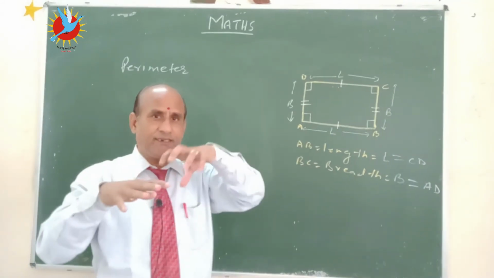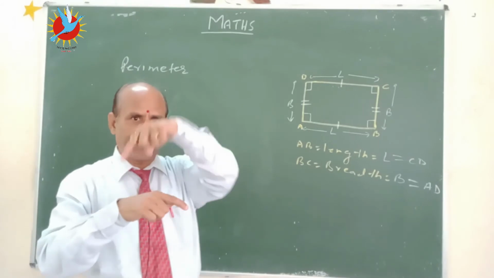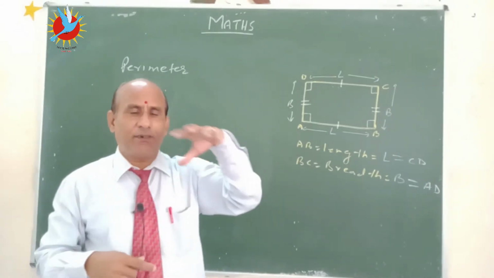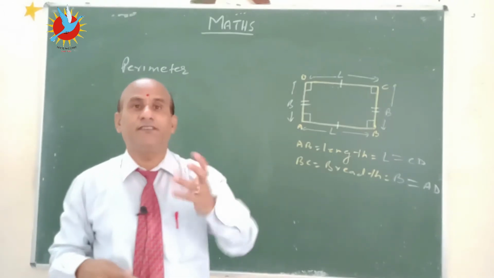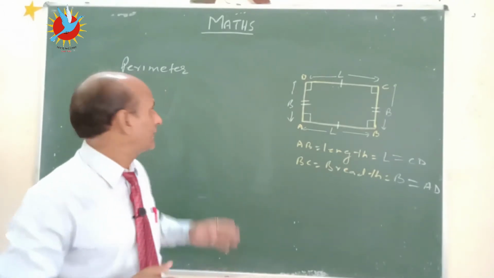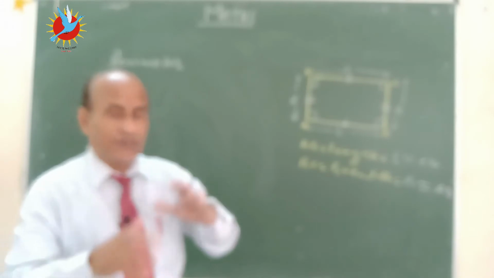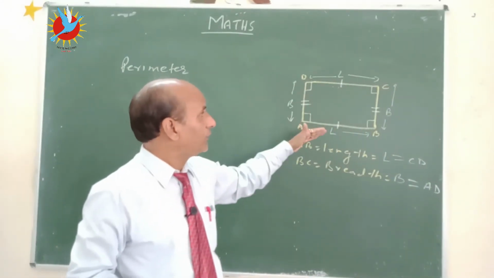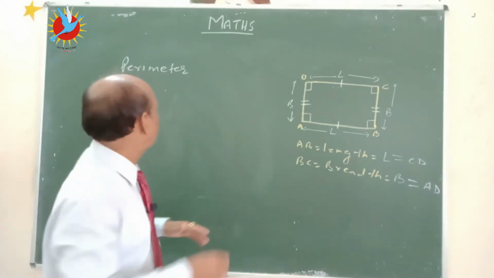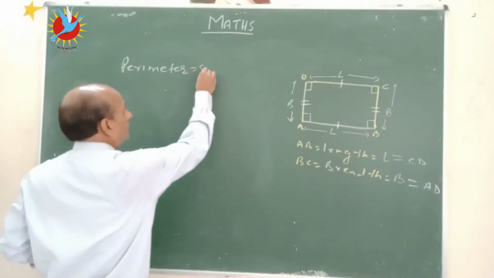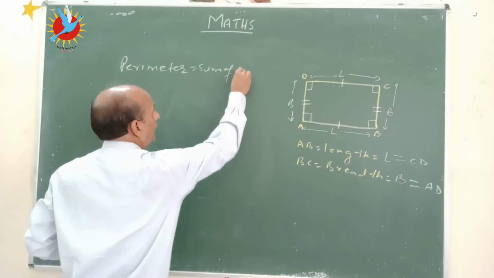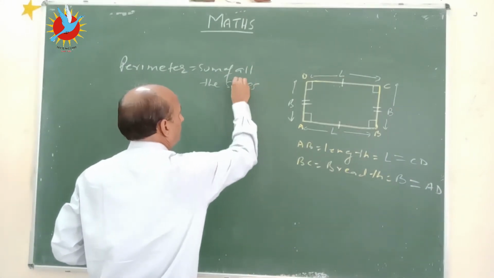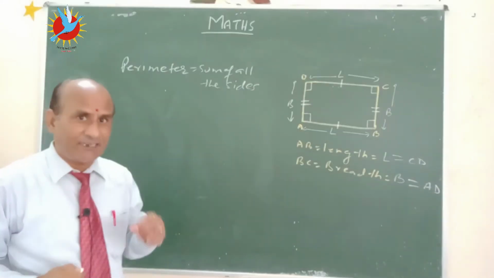In a particular area, when we draw a fence, a boundary around that area, that boundary is also known as fencing, and that is called the perimeter. So the perimeter of a regular figure, where we know the length and breadth, is the sum of all the sides.